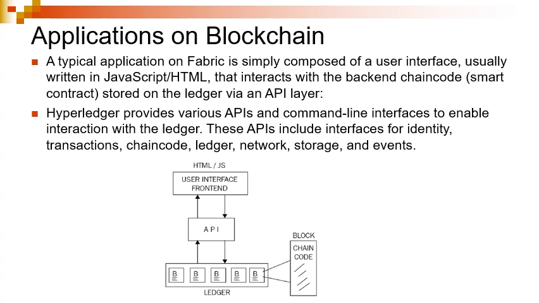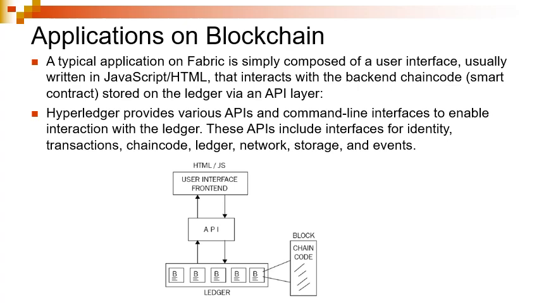So a typical application on Fabric is simply composed of a user interface, usually written in JavaScript or HTML, that interacts with the backend chain code that contains the conditions and parameters to execute the transactions.